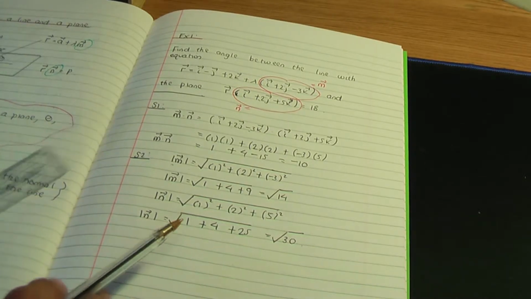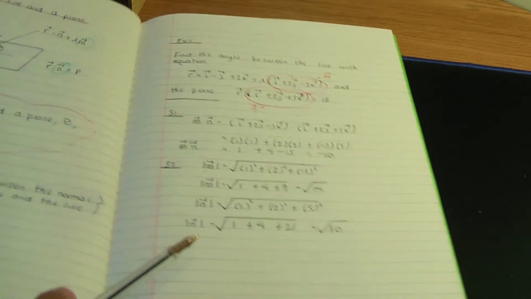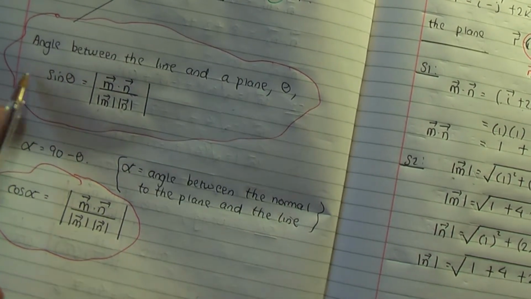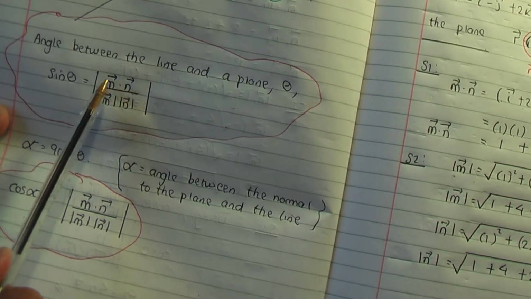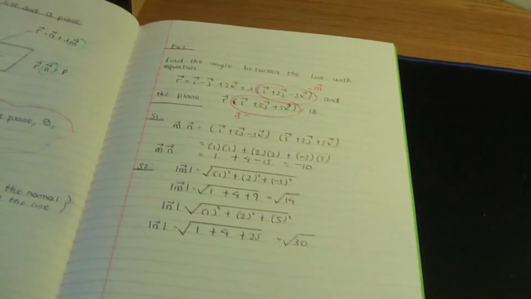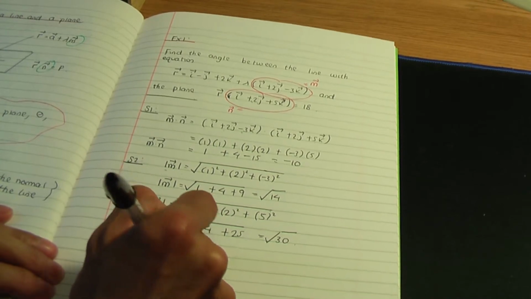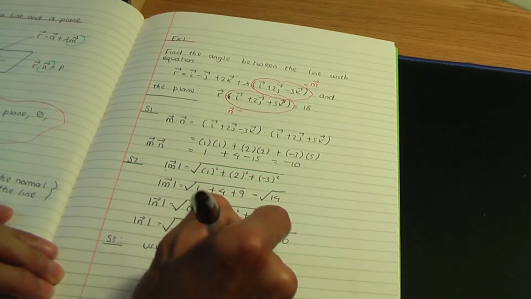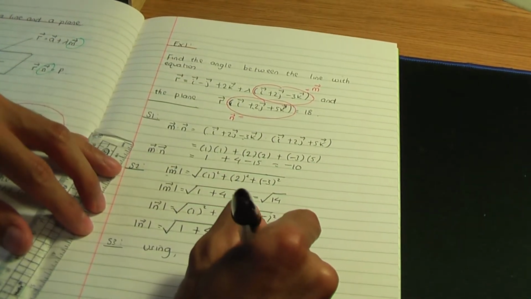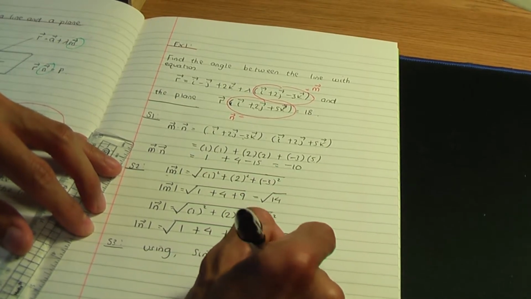So now we have all of the results in order to apply the formula. So remember, to work out the angle between the line and the plane theta, sine theta is the absolute of m dot n over the modulus of m times the modulus of n. Okay, so step number 3, final step, using sine theta, that is equal to the absolute of m dot n over the modulus of m times the modulus of n.